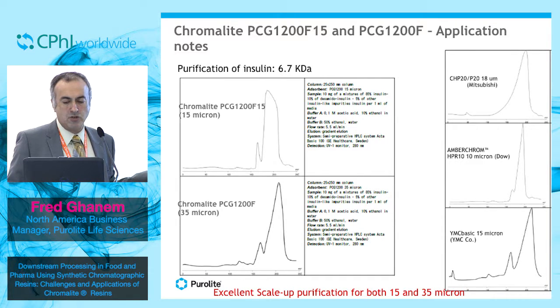You see mainly two peaks here, which is the insulin, and the other one is the desamido insulin, which typically you can make by heating up the insulin, and it'll create that impurity. And that was compared against 3 of the major companies we compete against in this industry, which is Mitsubishi, and Amberchrome, which is now Dow. It used to be Rohm and Haas at one time, and YMC.